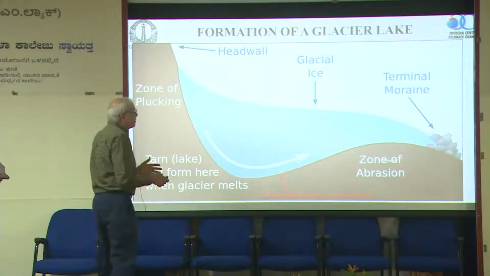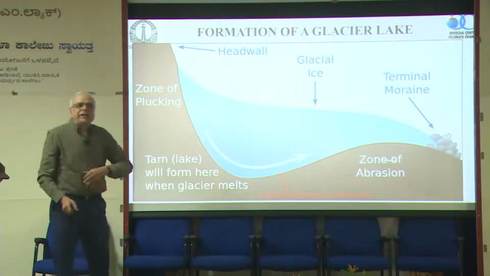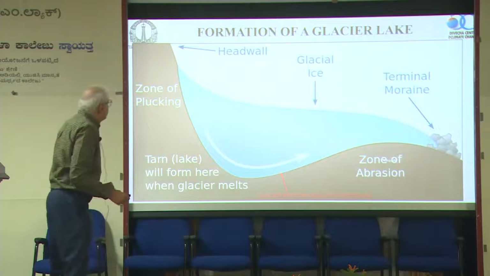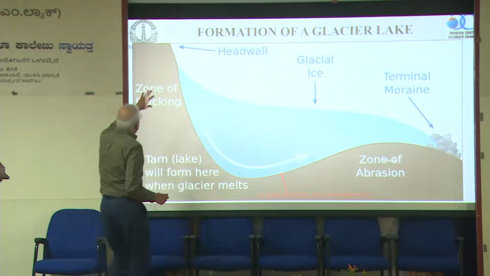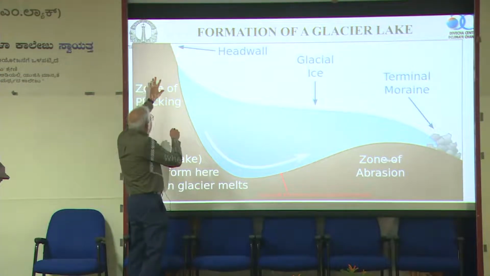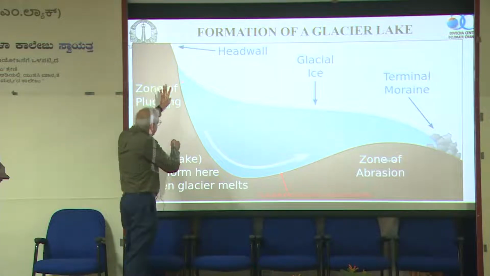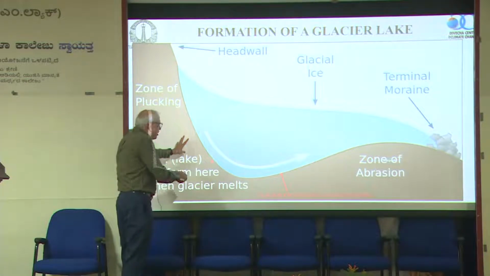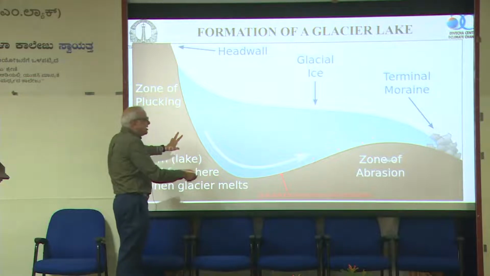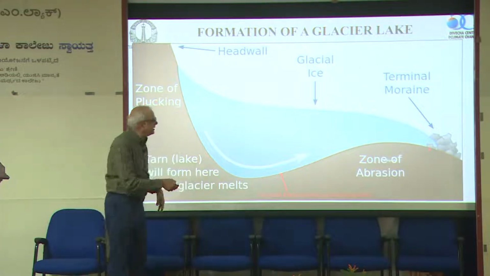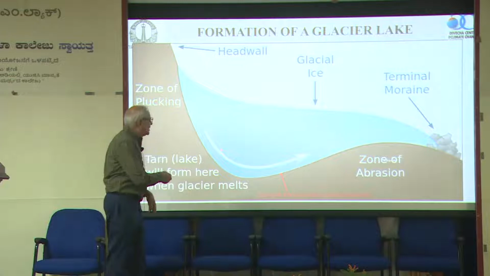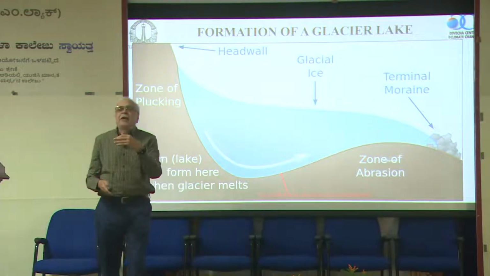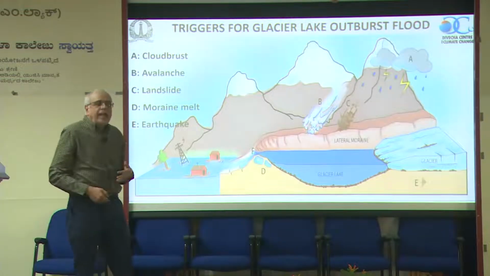One of the key reasons is the formation of glacier lakes. When glaciers retreat, they carry a certain amount of rocks as they move down, and create a cavity at the bottom of the glacier. When glaciers retreat and this cavity is filled by water, you have a glacier lake.